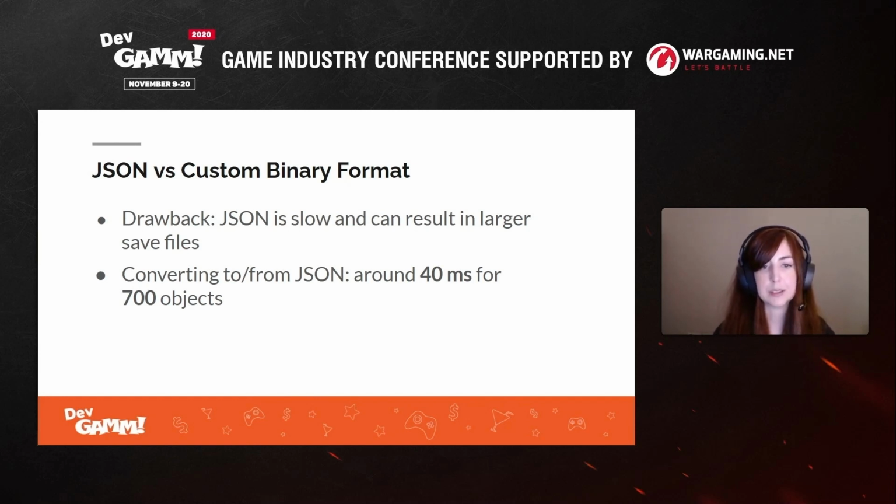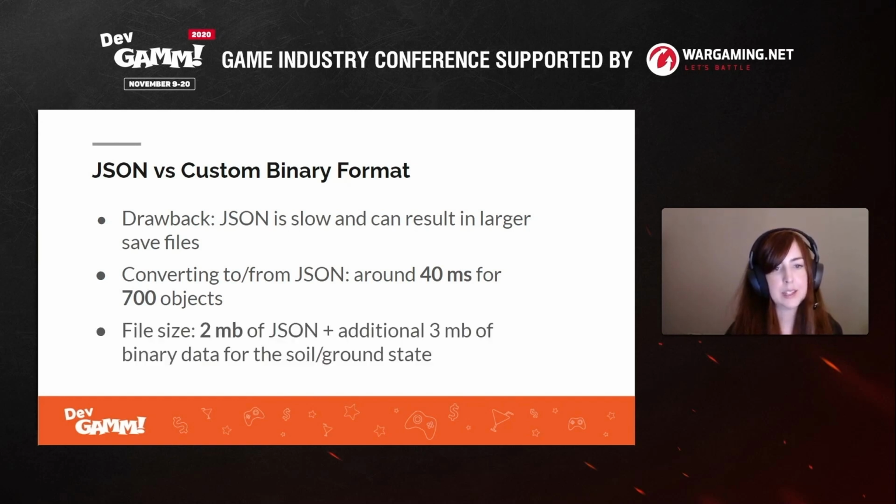And that's not too bad if it happens during a loading screen, but we want to avoid loading screens during gameplay. And the size of the save file is roughly 2 megabytes of JSON data, plus an additional 3 megabytes of binary data for the soil state, like I mentioned before.